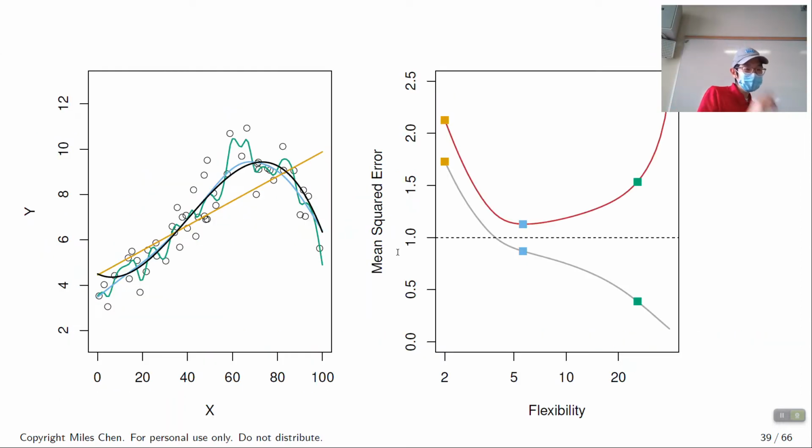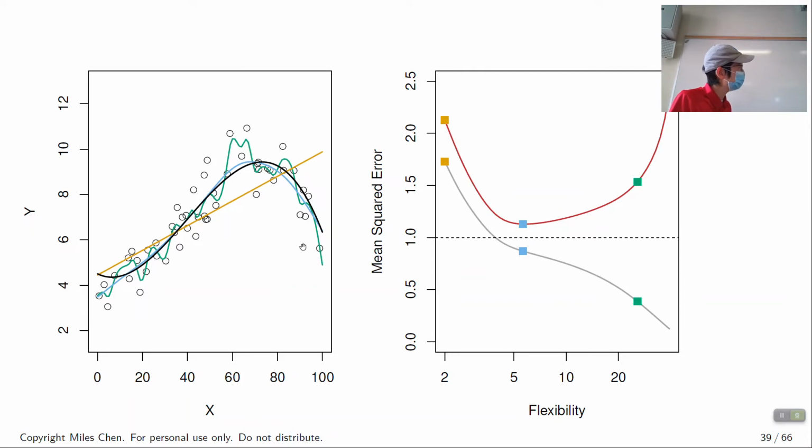Okay, so let's start off with this. The true relationship is in black. The circles represent random data generated around the true relationship in black. And we have the three different models. Yellow is the straight line.